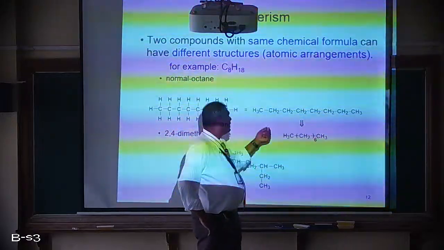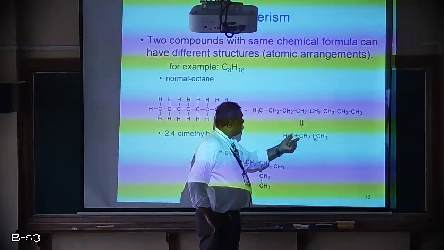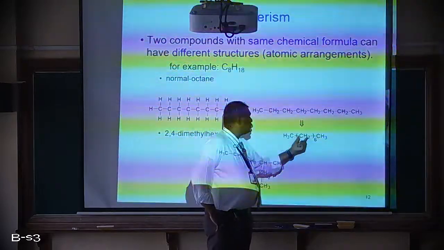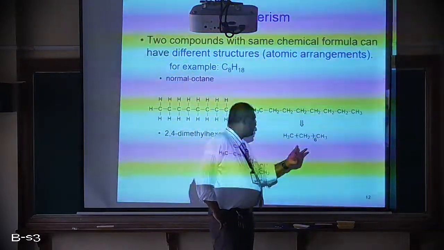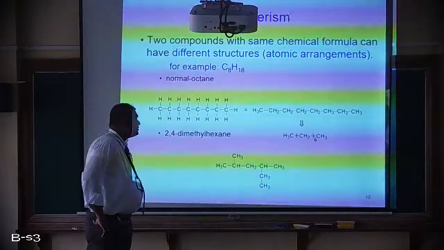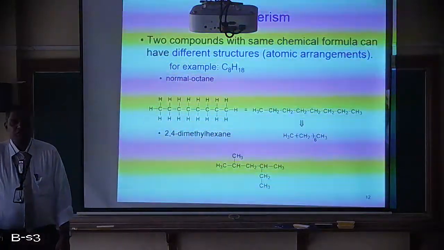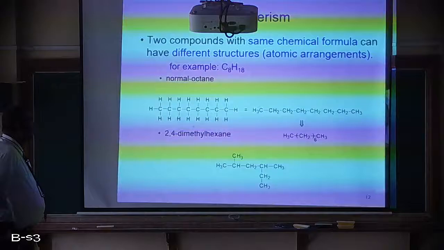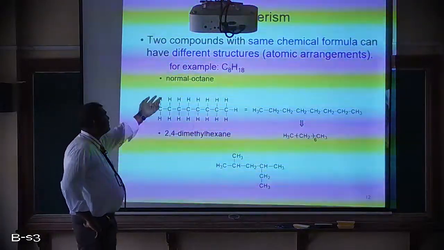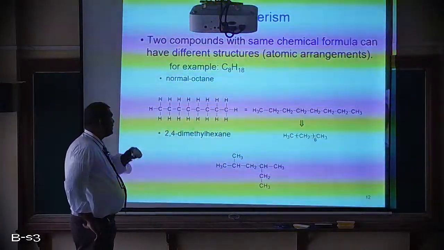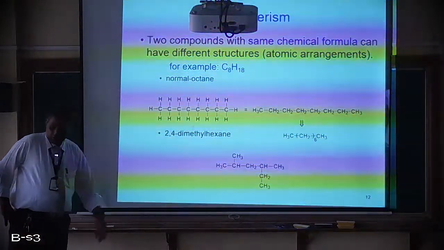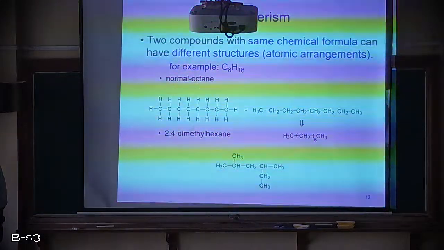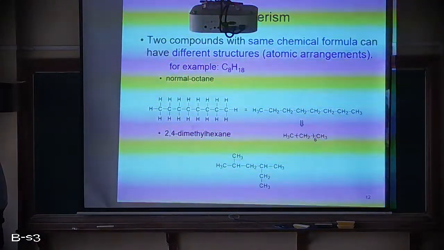This can be further reduced to H3C, then the repeated CH2 unit, and this is the last one. So further it can be written like this. They have the same formula, the same composition, but can be represented in a different order. This is normal octane, and this is dimethylhexane. This is how the chemical structure of the same material changes, which is called isomerism.